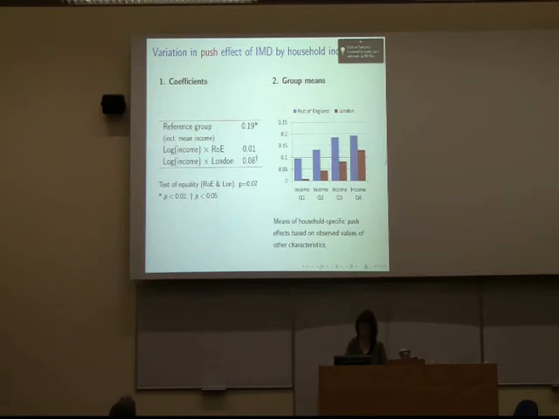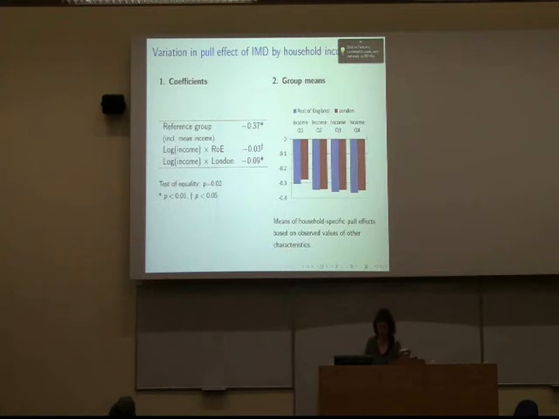Okay, and now we move on to pull effects. So the minus 0.37, that was the main effect that we saw earlier, and now what we can see is that in both London, but particularly in London, and the rest of England, we have a strengthening of the pull effect of deprivation with increase in income.